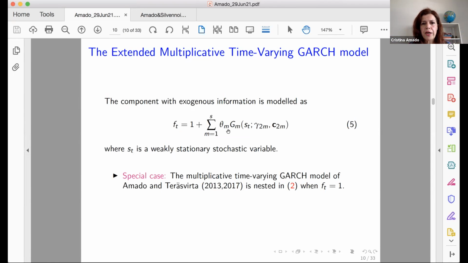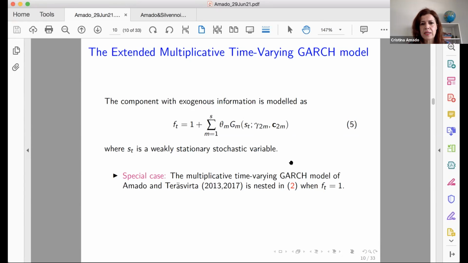So in component 5, we have this exogenous information, that is given by the variable s_t. I'm assuming that this variable is weakly stationary, a stochastic variable. And again, we have a similar set of parameters, the gamma and the c.